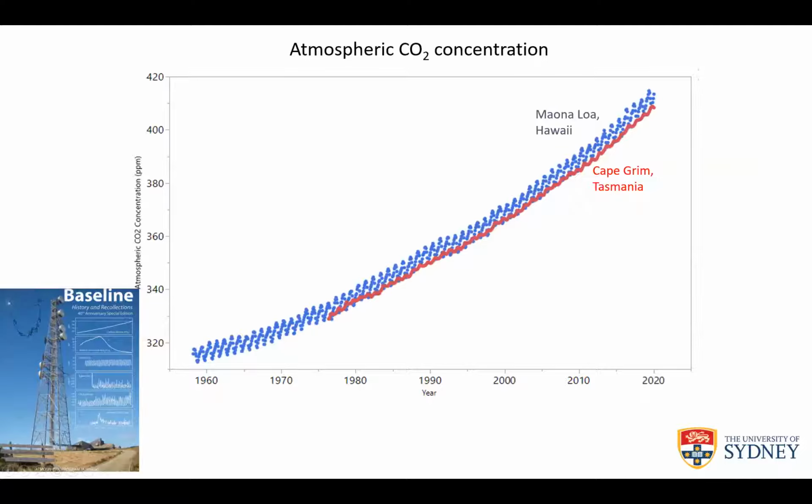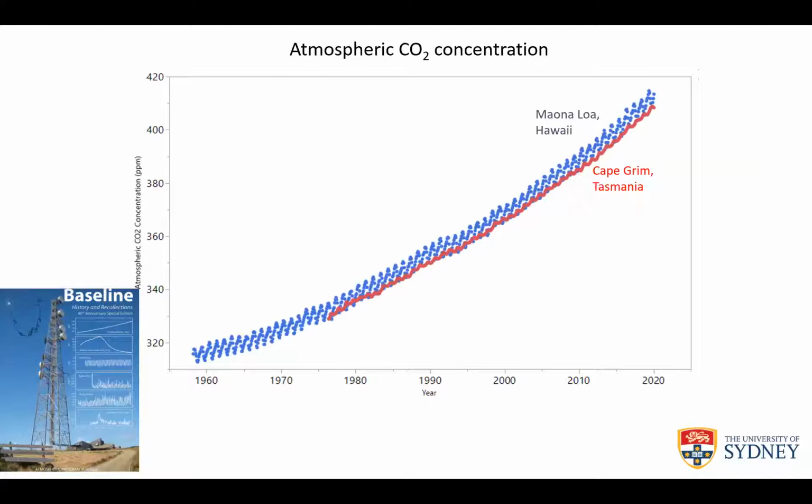It's very clean air. When they monitor it over time, they can see that although it's periodic, meaning within a year there's up and down depending on the cycle, over time there is an increasing CO2 concentration in the atmosphere, right?